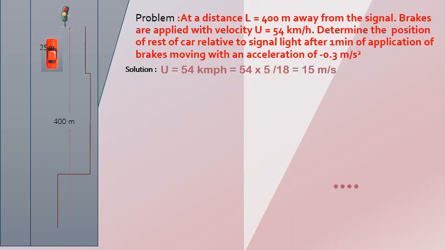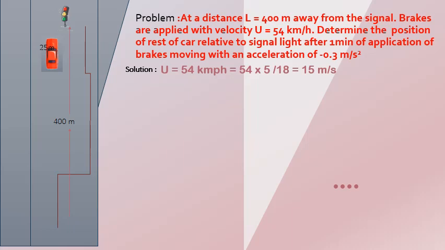One kilometer is 1000 meters and one hour is 3600 seconds. So 1000 by 3600, you will get 5 by 18. So you have to multiply with a factor 5 by 18 to convert kilometer per hour into meter per second. So here it is equal to 15 meter per second.